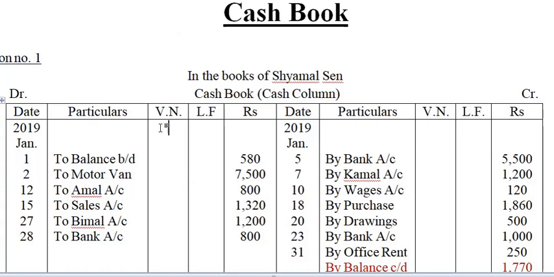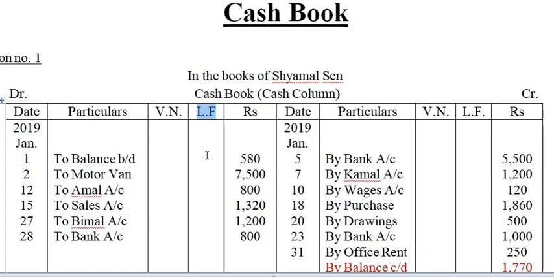It's not necessary to write the voucher numbers out here, but in practical life, we have to mention the numbers. But this voucher number column should be prepared. And since the cash book is a special type of ledger account, it has the LF column, that is the ledger folio, because cash book is a separate account from the cash account.